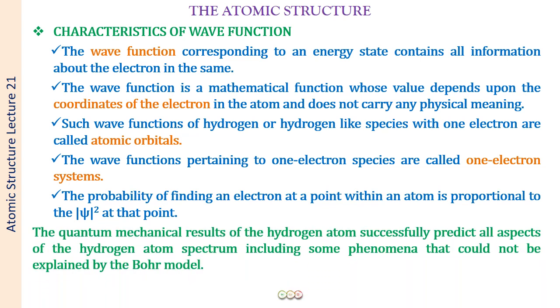And the quantum mechanical results of the hydrogen atom were successful to predict all the aspects of the hydrogen atom spectrum, including some phenomena that could not be explained by the Bohr model. So all this information that we are getting from the Schrodinger wave equation was able to explain the hydrogen atom spectrum.